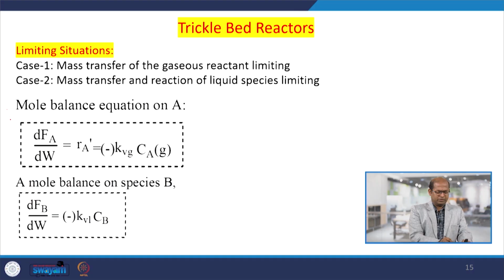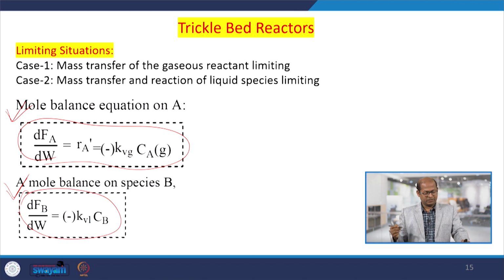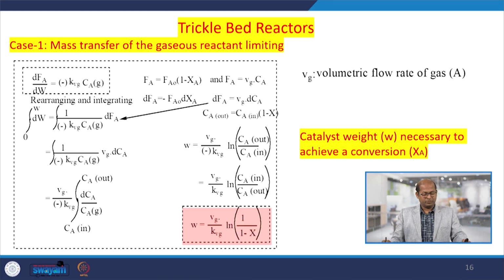Here, as I have already said, these are the two design equations we have, the mole balance equations for components A and B. Here you can see how we have solved this.